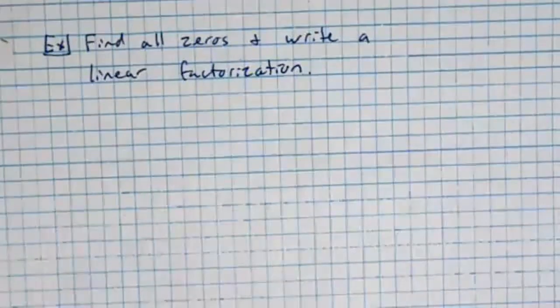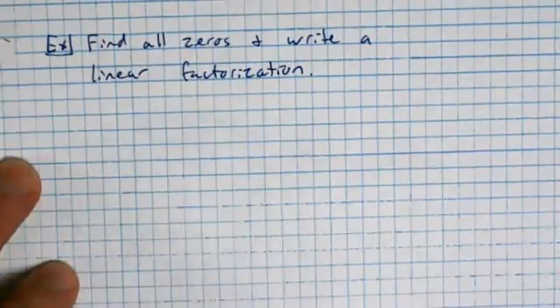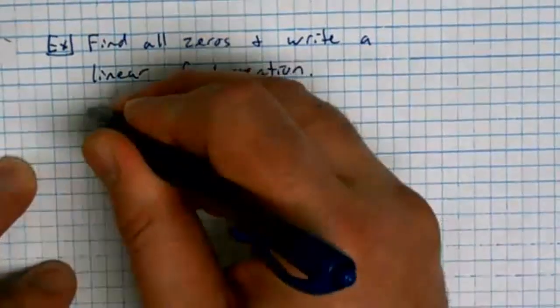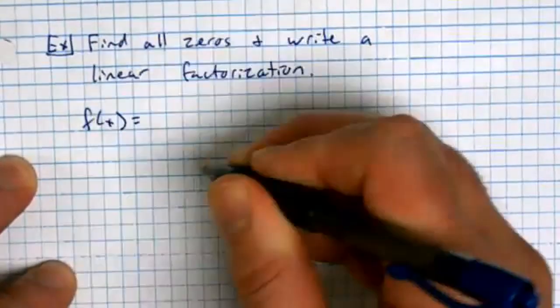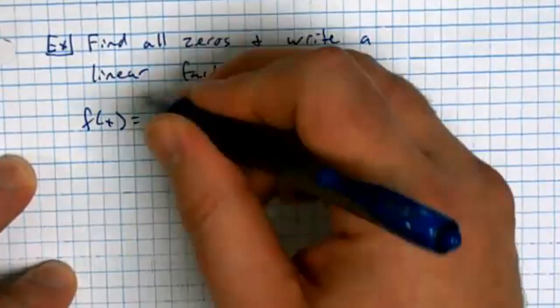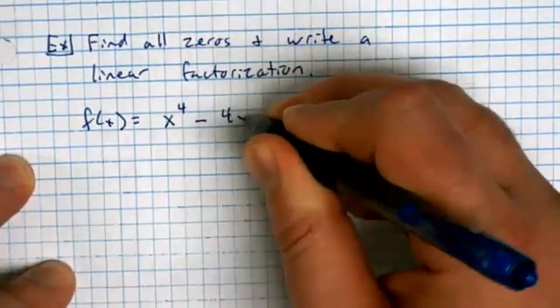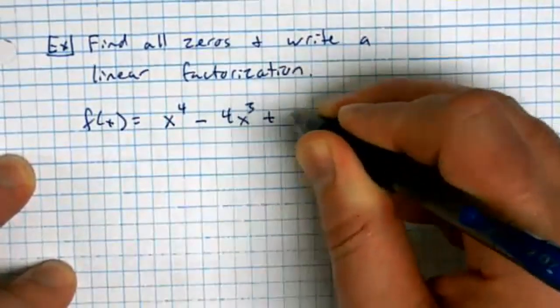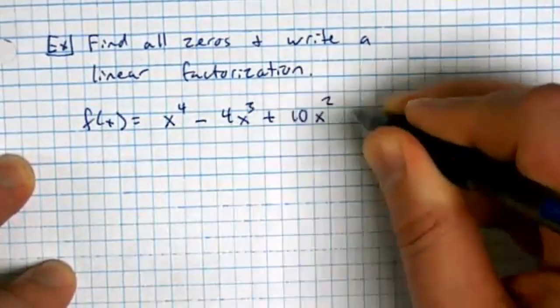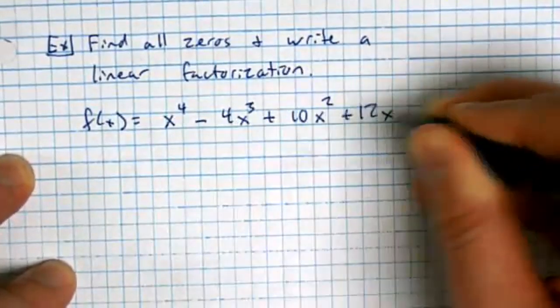The function we're working with today is f of x equals x to the fourth minus 4x cubed plus 10x squared plus 12x minus 39.